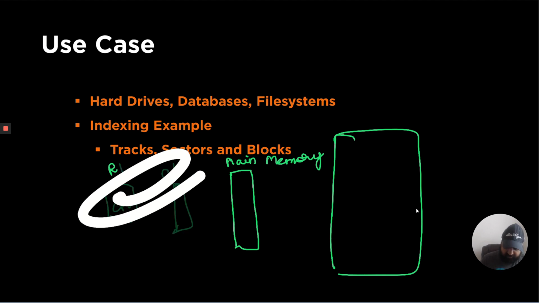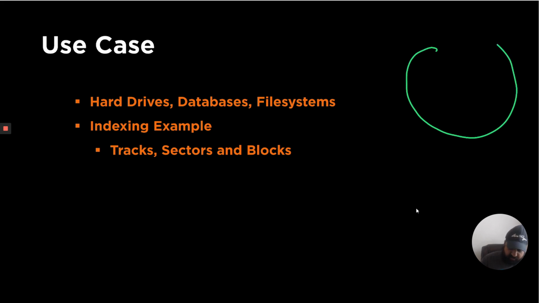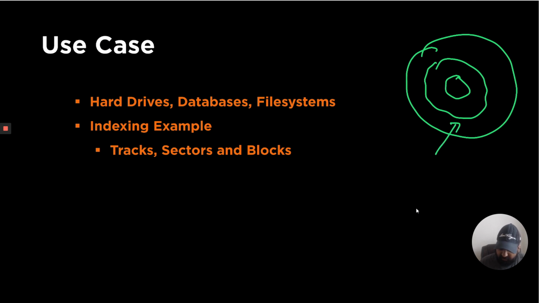And why that happens, I'll give you a concrete example. So let's talk about just the hard drive. Now, the hard drive is divided into tracks. I'm talking about this physical hard drive. It has been conceptually implemented in the form of different tracks.